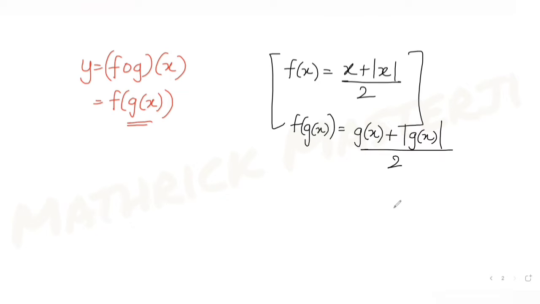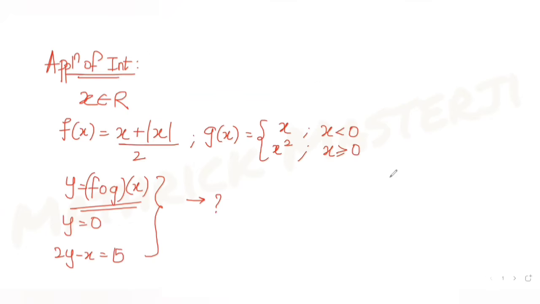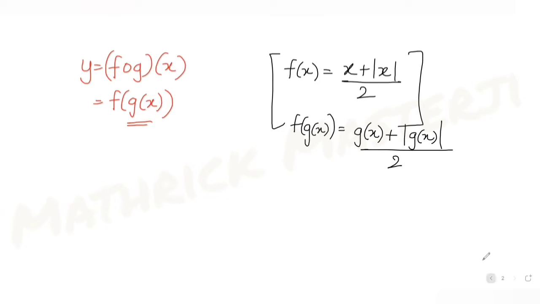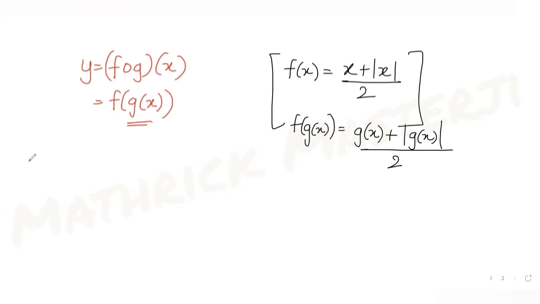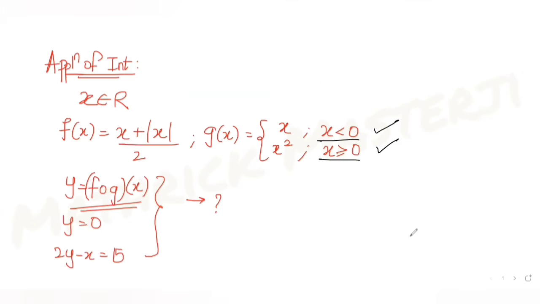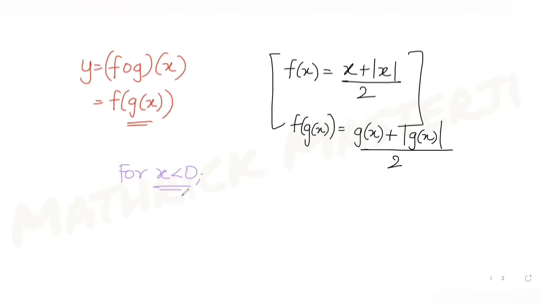Now, g of x has been given as two different functions, for x less than 0 and for x greater than or equal to 0. So let's find f of g of x for each. First, for x less than 0, f of g of x is (g of x plus mod g of x) divided by 2.